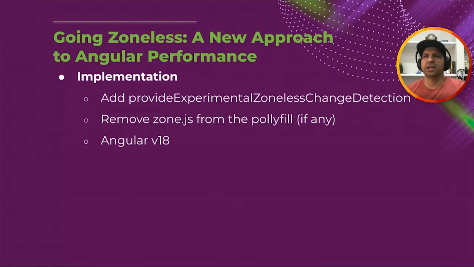Now keep in mind though that this whole zoneless feature is currently experimental. So if you want to try it out, just keep these things in mind. All you have to do is add provideExperimentalZonelessChangeDetection during the application bootstrap, remove Zone.js from your polyfills file if you still have any, and make sure that you're using at least Angular version 18.